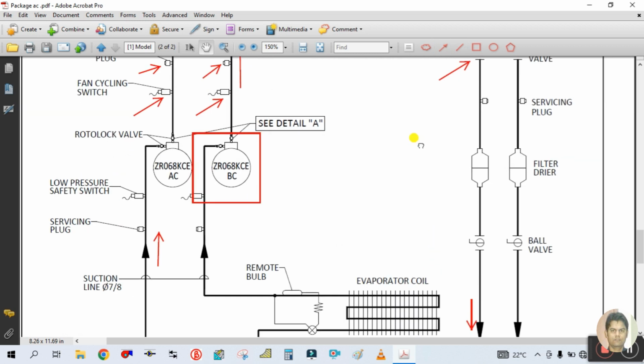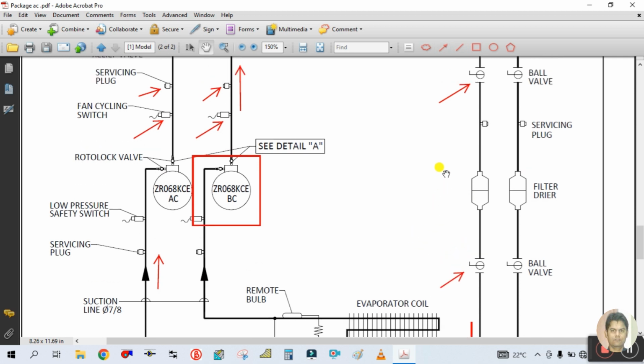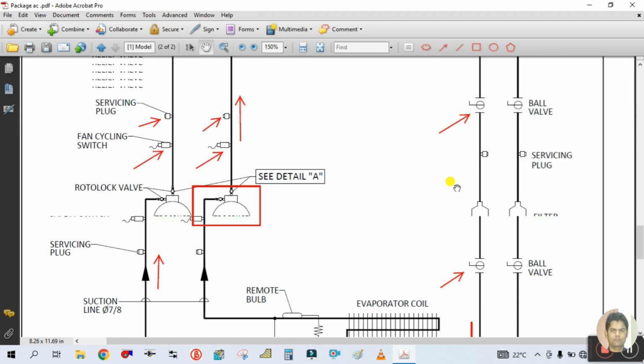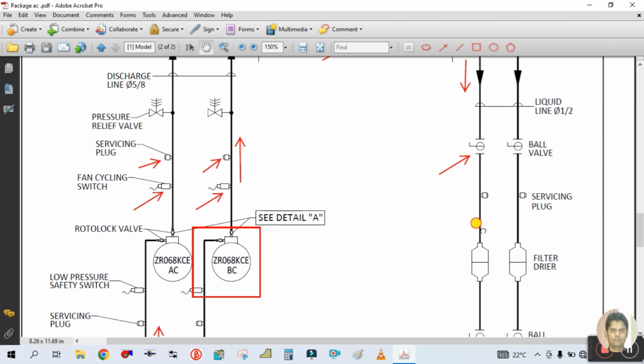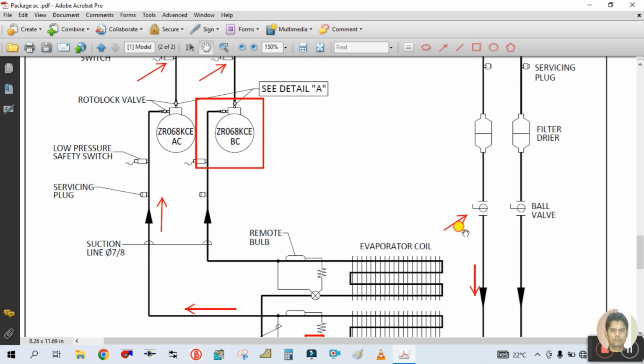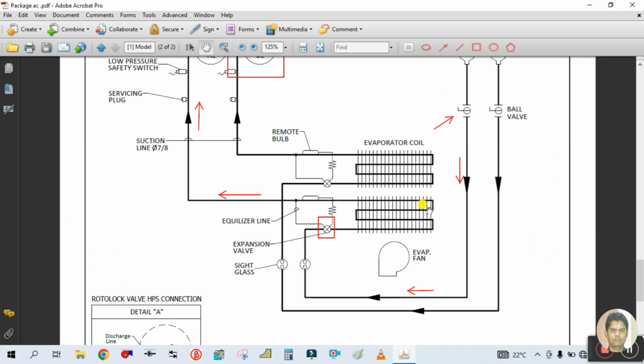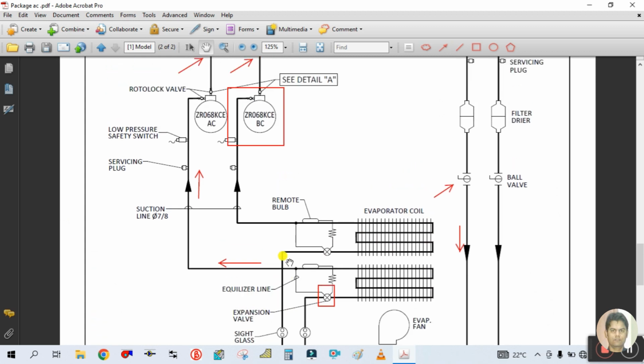This ball valve is used just to isolate this filter dryer. So this is the filter dryer. And this is again a service port in the discharge line. These are the main components, and this is the sight glass used to see the flow of refrigerant.